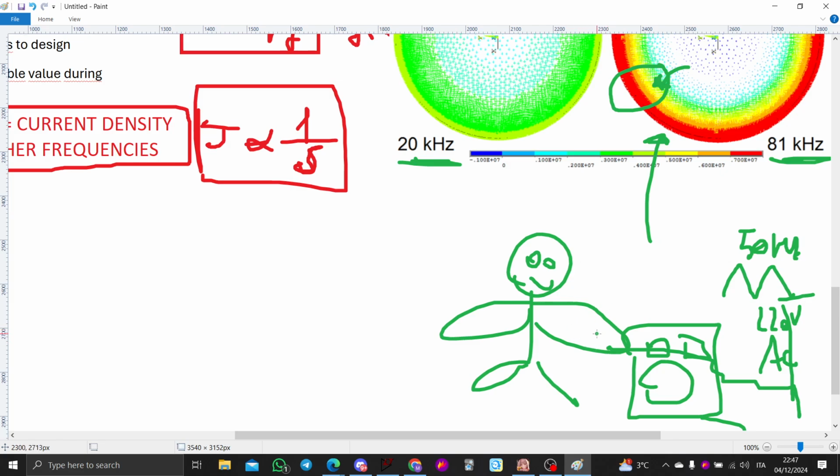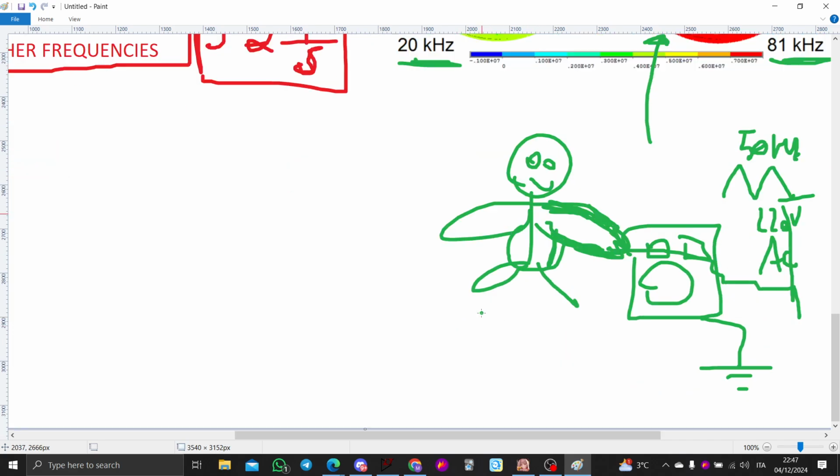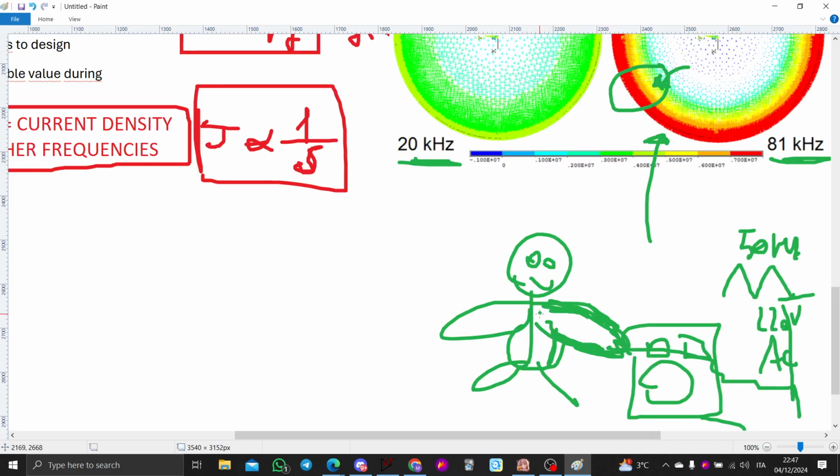Basically the current will go in your skin, most of your current density. So meaning that you will leave your heart almost unscathed. Okay, not so much, because the current will also go through your heart, but your skin will be mostly damaged by this, and your organs and your muscles will be less damaged.